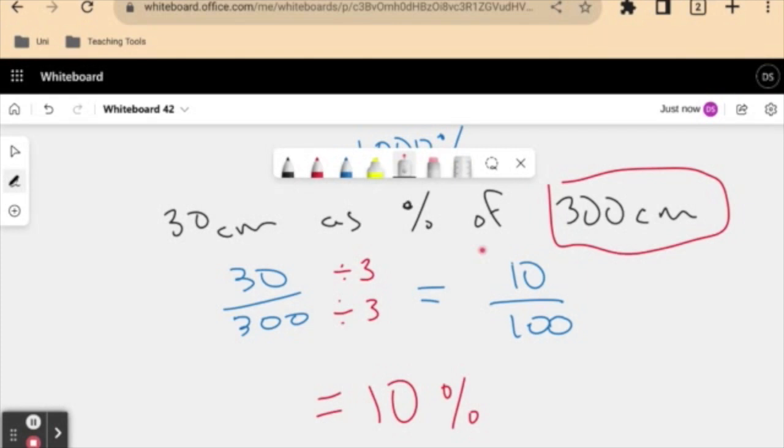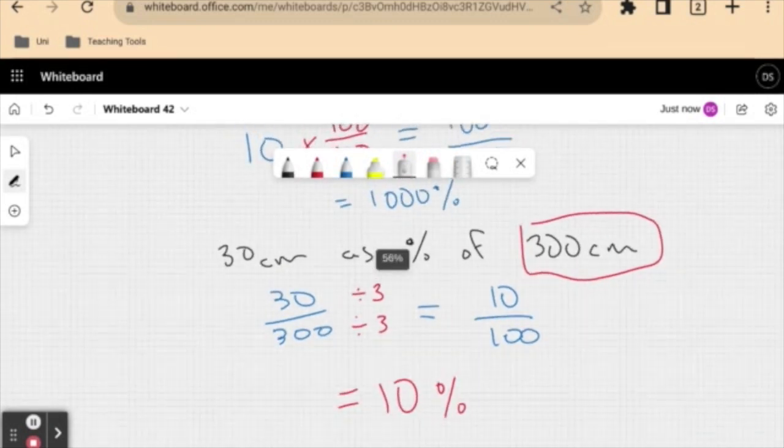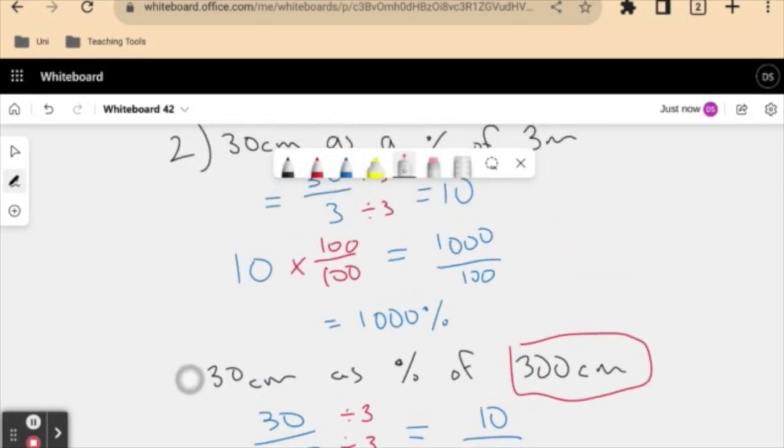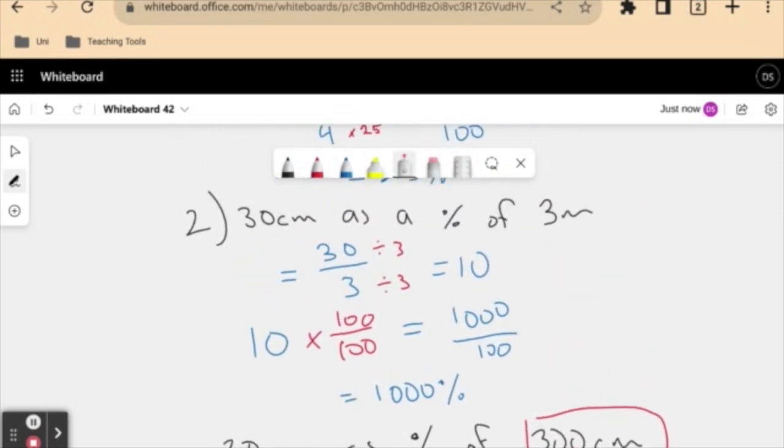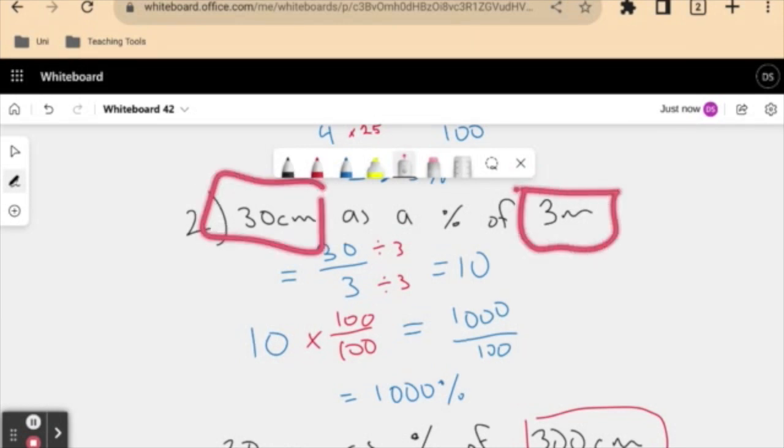So I know I went off the rails a little bit at the end there, but this is just to sum up the importance of units. When we express quantities as percentages, we are taking one of these as a fraction of the other, which we can then find as a percentage of the other one.